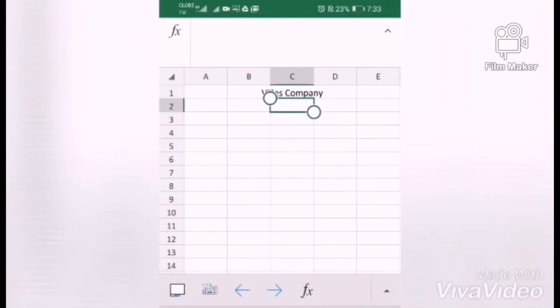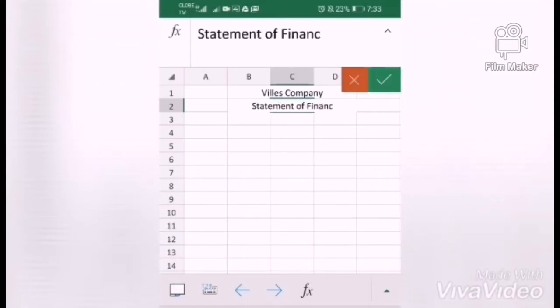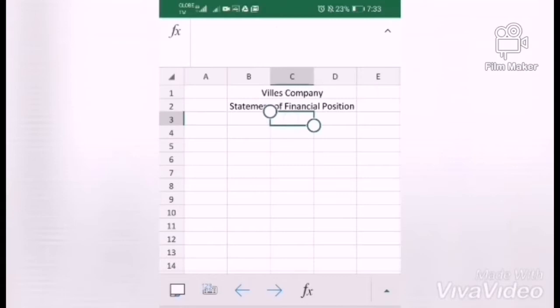Followed by the statement itself. Statement of financial position. And the date, as of December 2020.